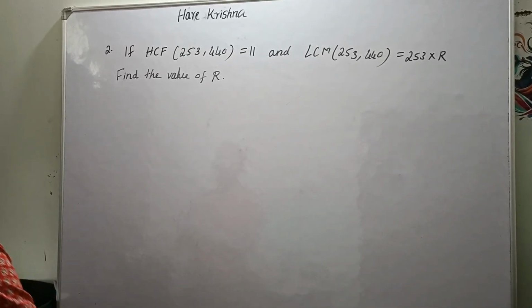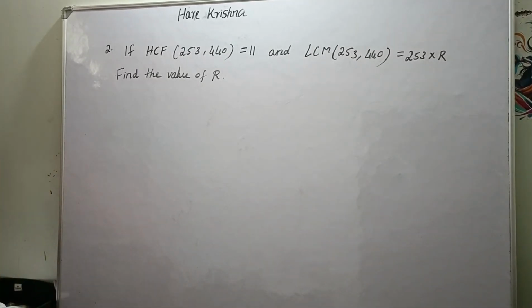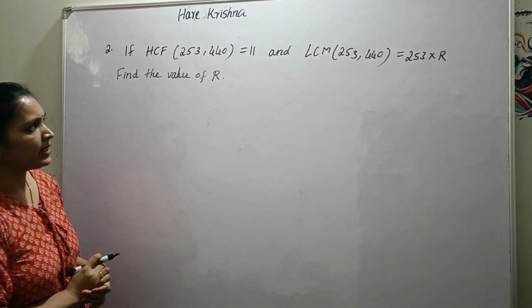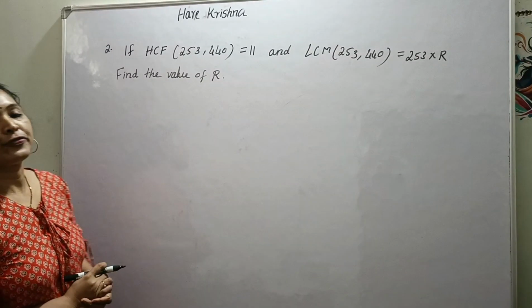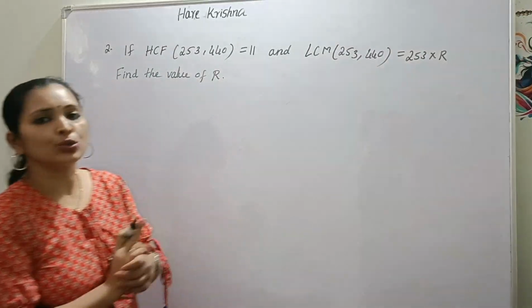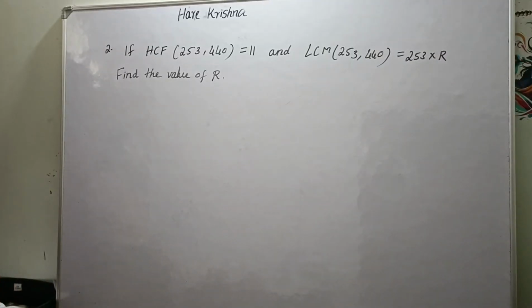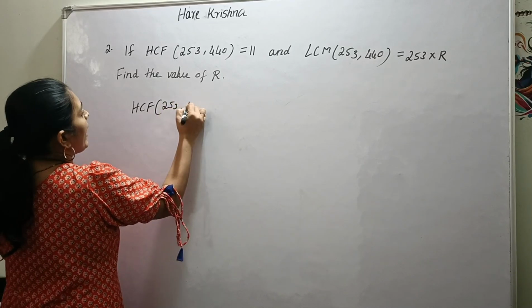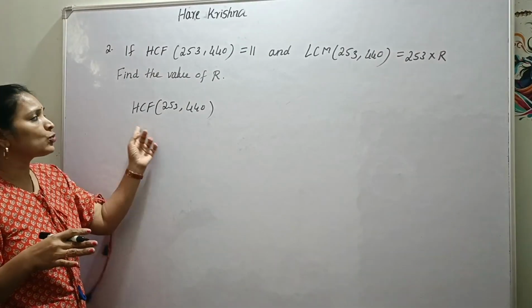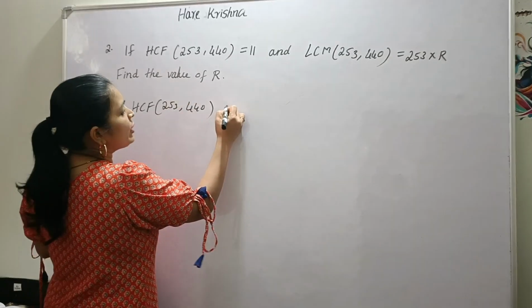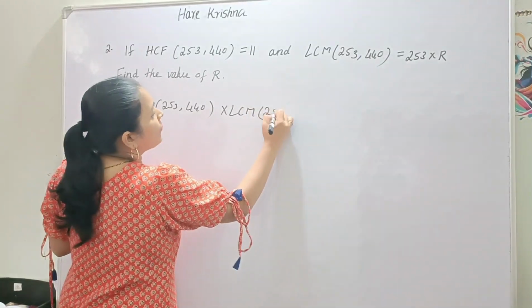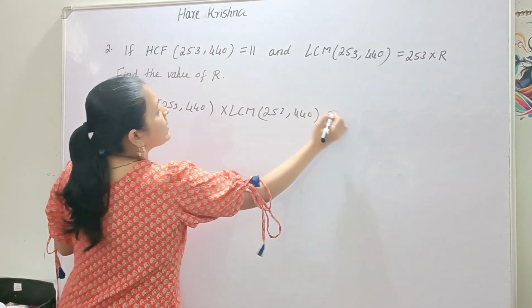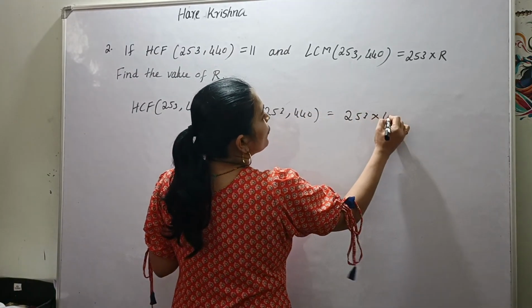Look at the second question. If the HCF of 253 and 440 is equal to 11, and the LCM of 253 and 440 is equal to 253 into R, find the value of R. We have a formula, the relation between HCF, LCM and the numbers: HCF into LCM equals the product of the given numbers, 253 into 440.